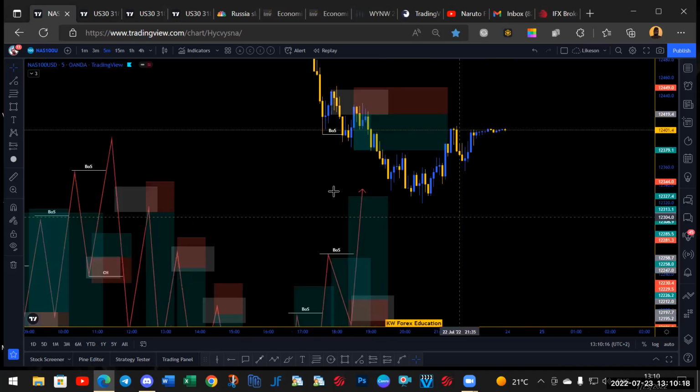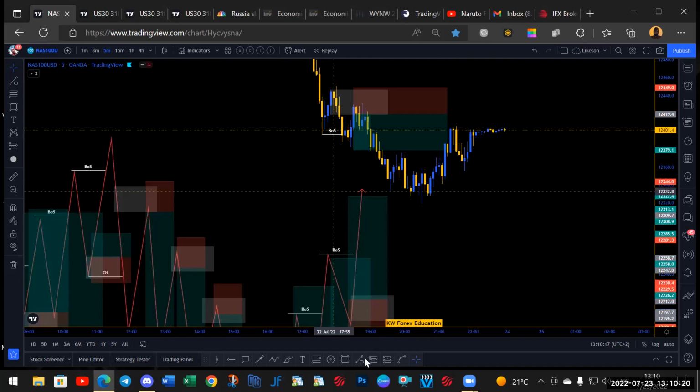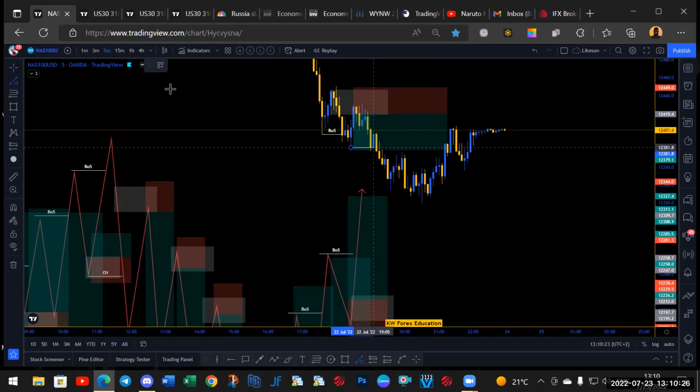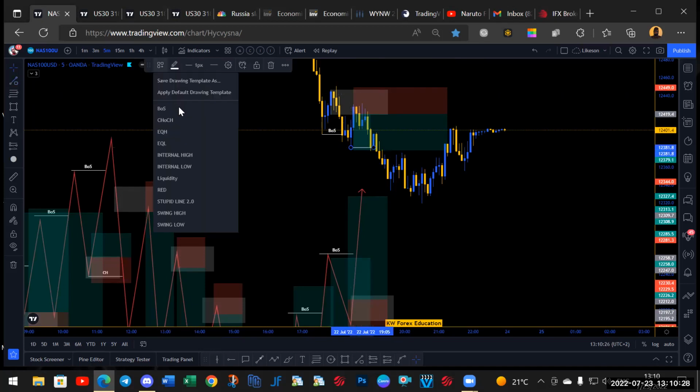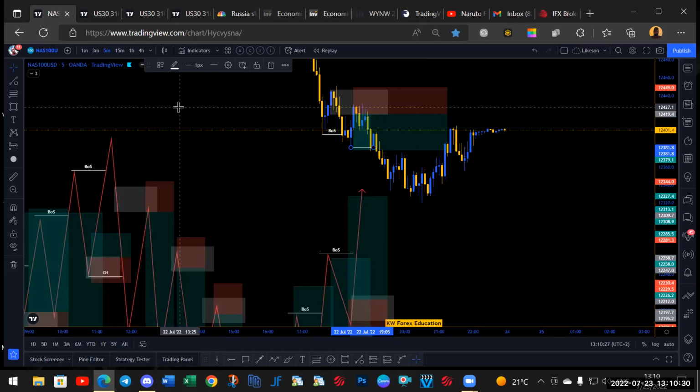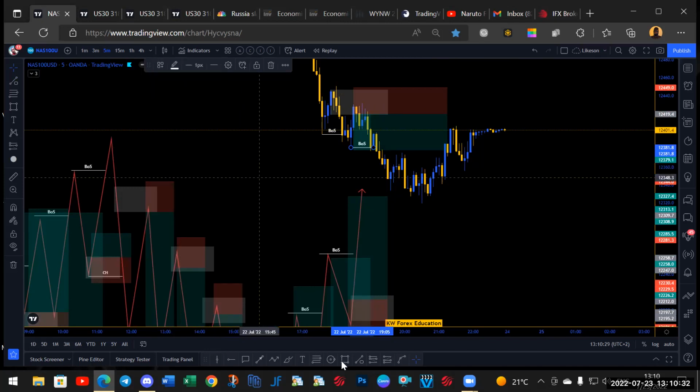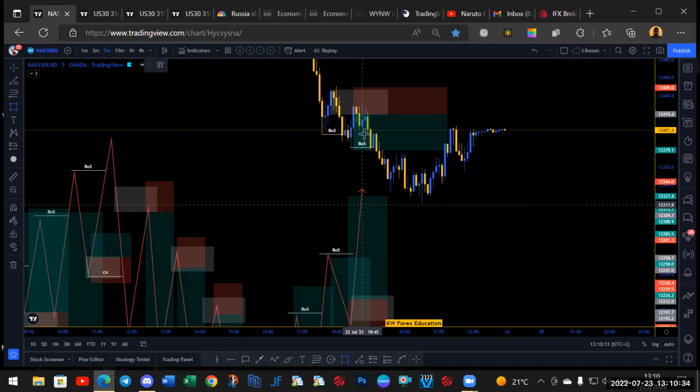So market, what did market do here? You are just going with the order flow, right? It creates a break of structure here, right? We have that break of structure. That means new supply.